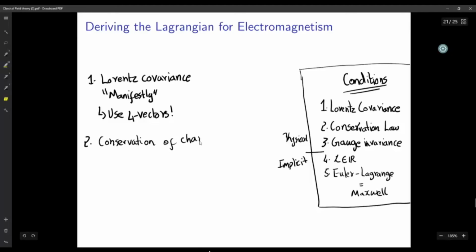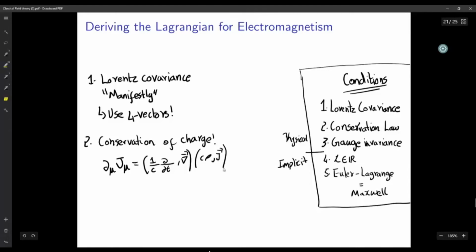Well, how would I go about doing it? Well, I have my j mu here. And what if I do the 4 gradient on j mu? Just a reminder, the 4 gradient was 1 by c dou by dou t and the nabla, and this is acting on my c rho comma j.